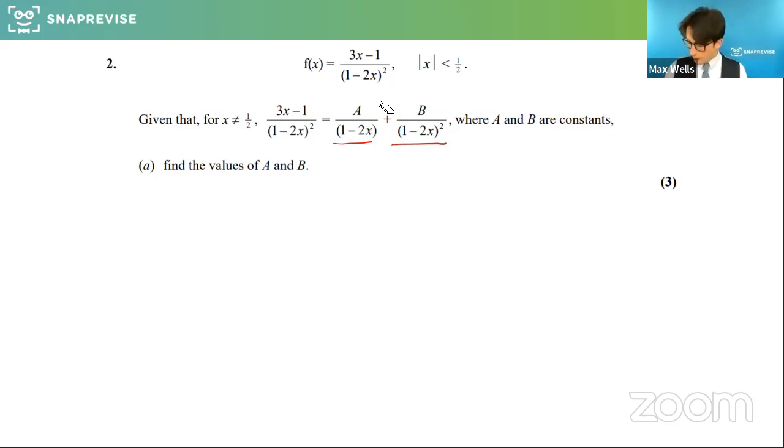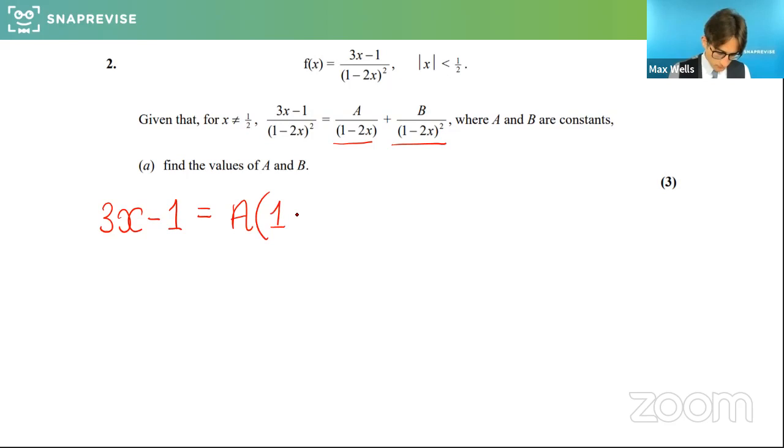Okay, so for this one we're going to do a similar thing again. If we look at equating the numerators, 3x minus 1 is going to need to be equal to A multiplied by (1 minus 2x) plus B. I just want to pause here to check that we can all follow why that's the case, because I know a lot of students struggle with this step when there's a repeated factor.